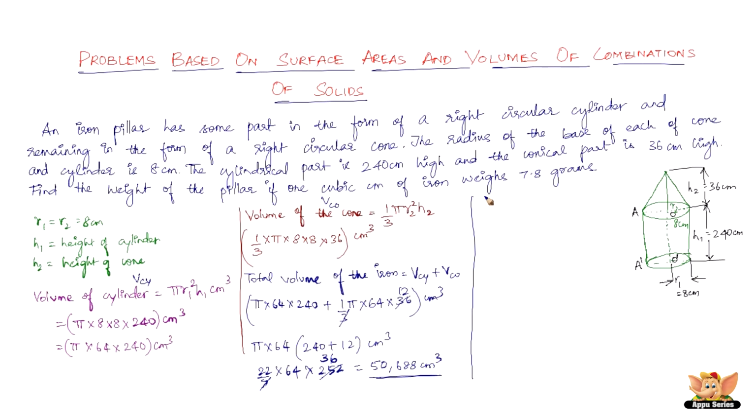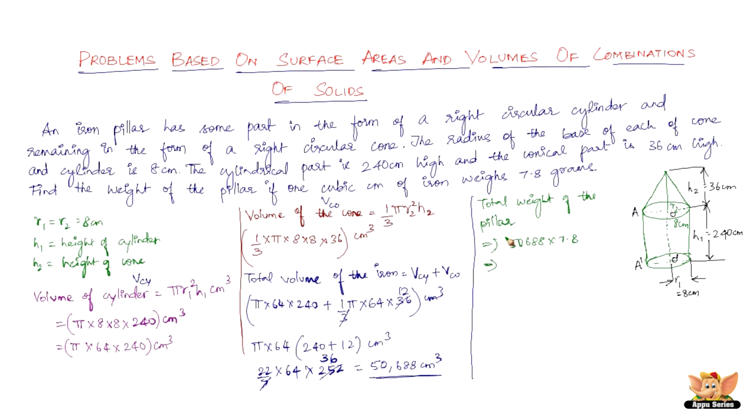Right? So now, let us find the total weight of the pillar, which is going to be 50,688 times 7.8, because this is so much of centimeter cube. 1 centimeter cube weighs 7.8 grams.